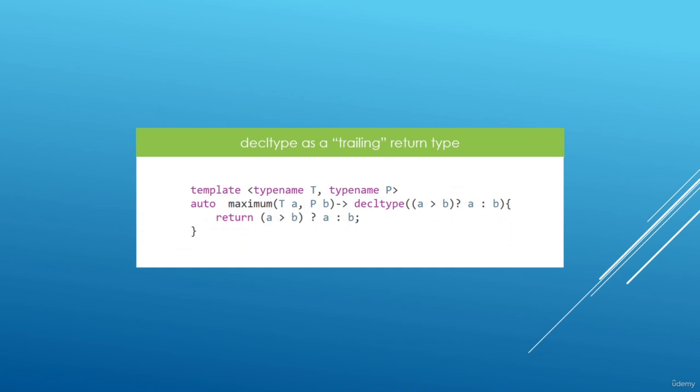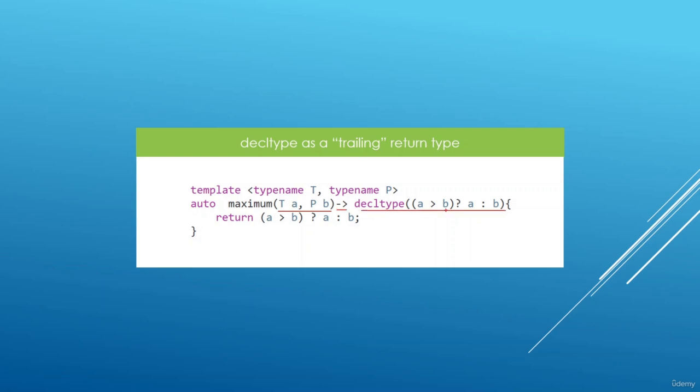One fix we can use is decltype as a trailing return type. A trailing return type is a return type that you specify after the parameter list. The syntax is to put a dash and a greater than symbol and then say whatever return type you want to specify.